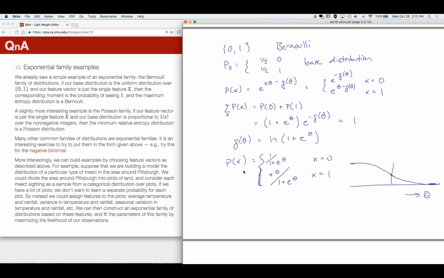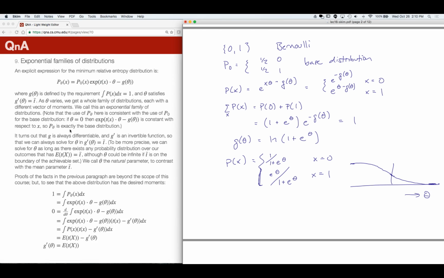And so I've got a question: is theta something that we can derive? Yes. If we go back up in the notes, we can derive theta by solving this equation.